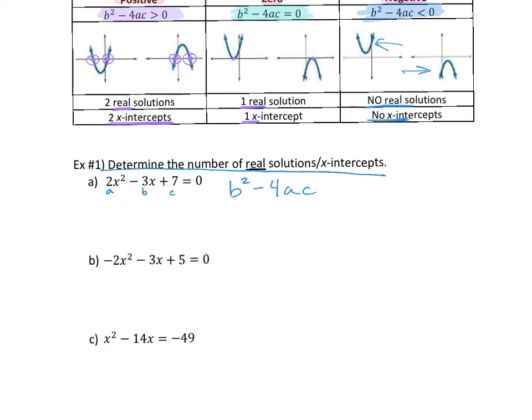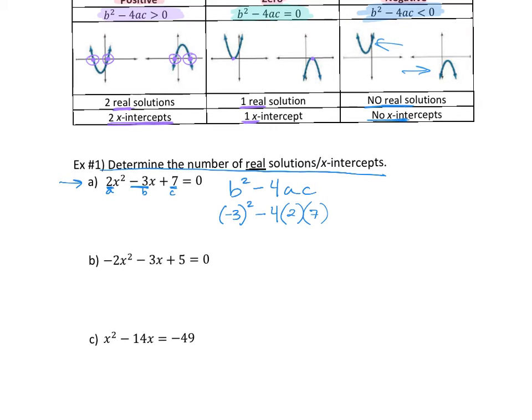Let's say we're working with these numbers, 2x squared minus 3x plus 7. This would be b, which is a negative 3. Don't forget the parentheses, especially if you're just going to plug it into a calculator. So b squared minus 4 times a, which is 2, times c, which is 7.